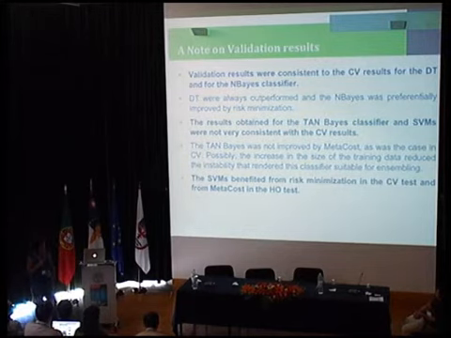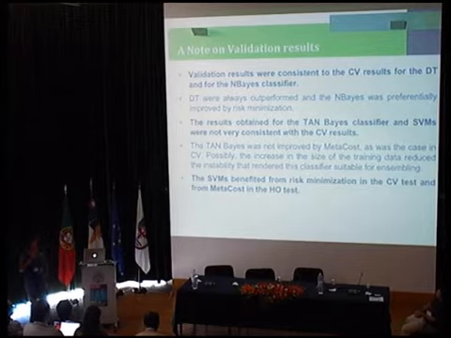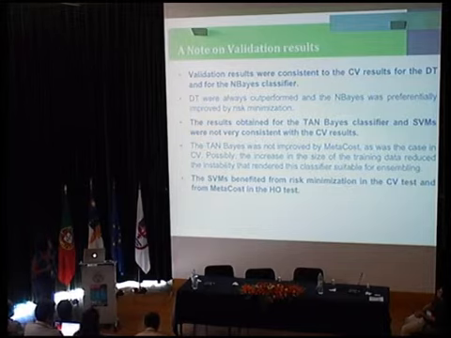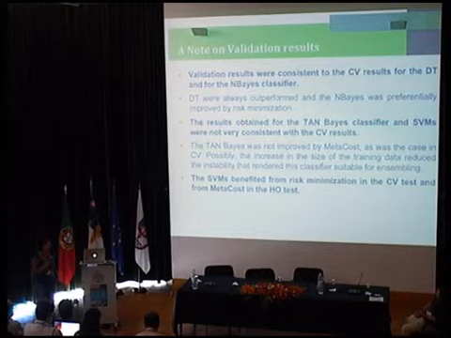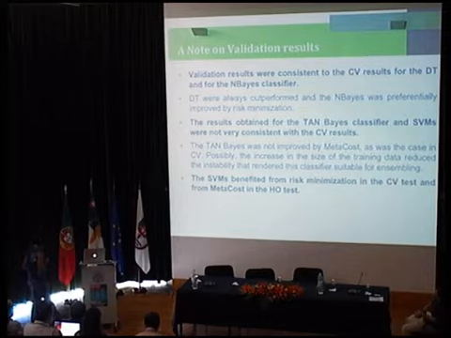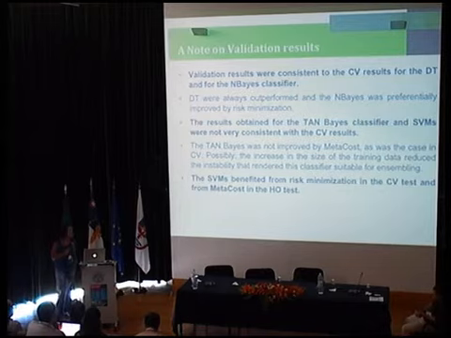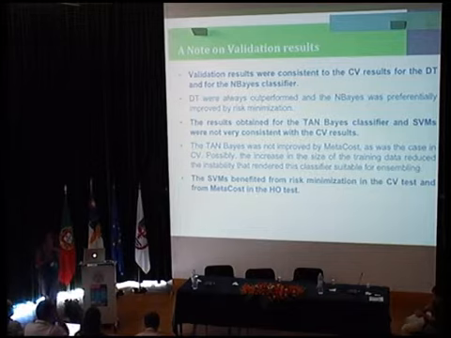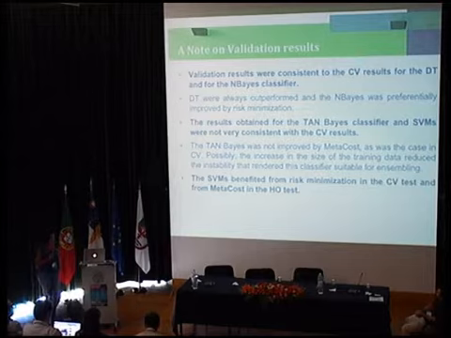Then a note on the validation results. I told you that we analyzed how the algorithms behaved in the cross-validation scheme, and then we wanted to see if, now that we use the validation test set, our conclusions still hold. Basically, the validation results were consistent with the cross-validation results, both in the decision tree and in the naive Bayes classifier.